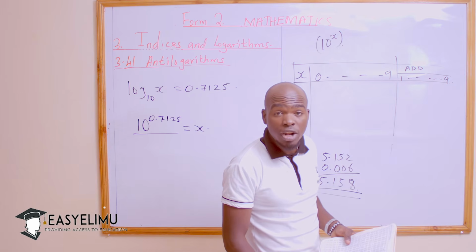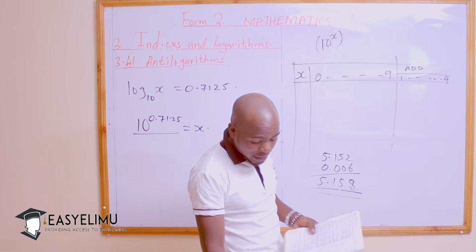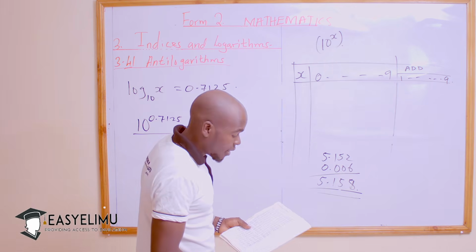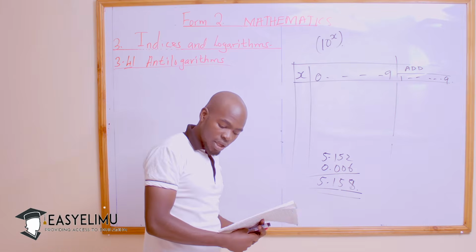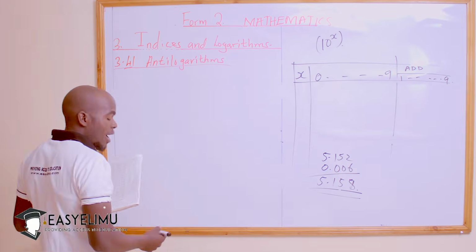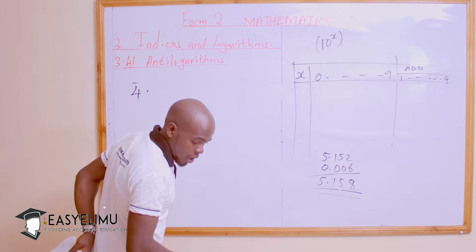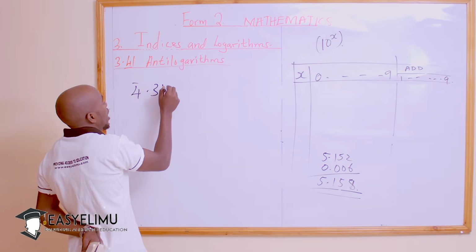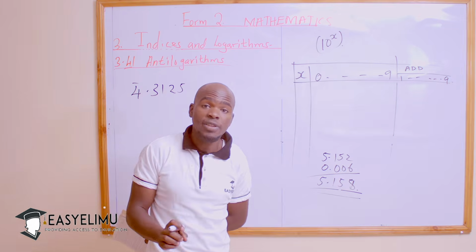That's how we evaluate the anti-logarithms of given logarithms. So we are going to find the anti-logarithm of the following logarithm. That was the first example. The second one is where the characteristic part is negative, and it's negative 4 point 3125.